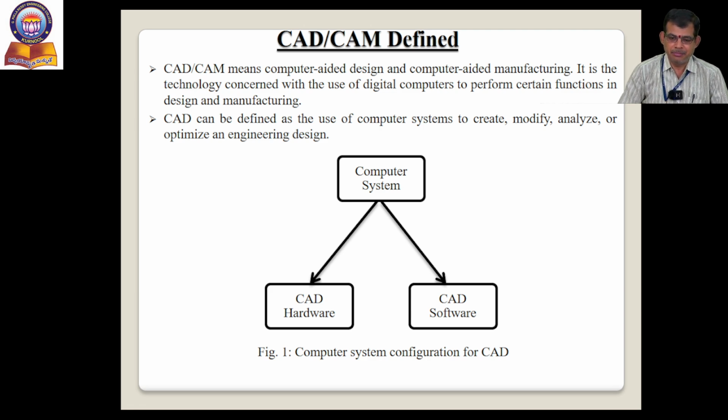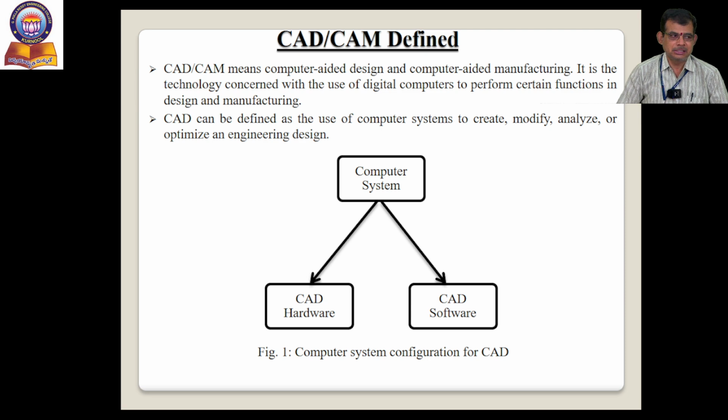So CAD/CAM means computer aided design and computer aided manufacturing. Aided design and aided manufacturing means the human being is making use of the computer system in the design activity as well as in the manufacturing activity.